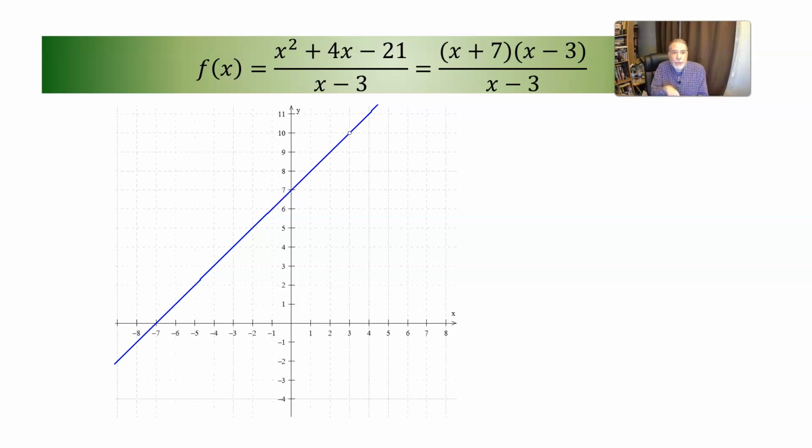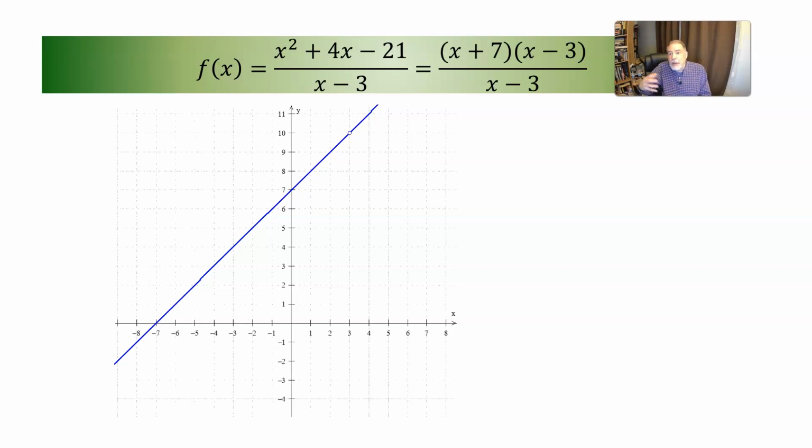You can't put in 3 for x because you would get a division by 0 error. But as long as you put in any other number other than 3, the value you get out is x plus 7. It's the number you put in plus 7. So you're not allowed to put in 3, but for any other number, you get that number plus 7.